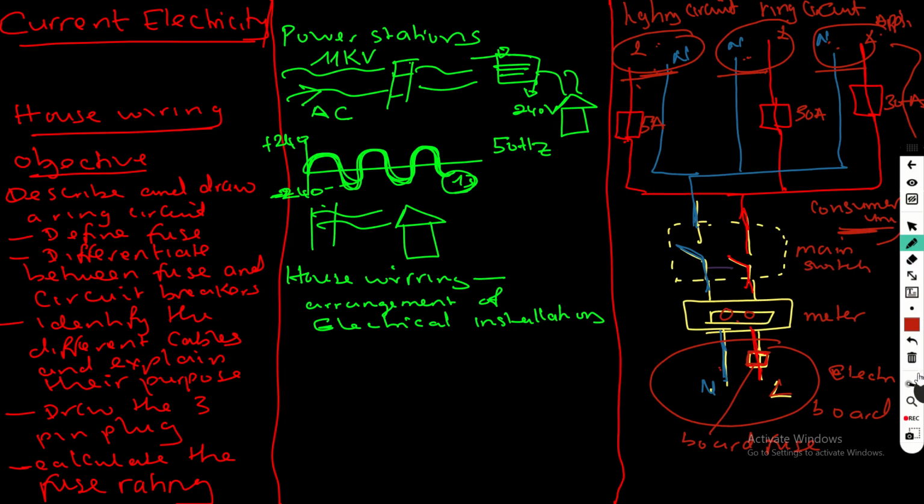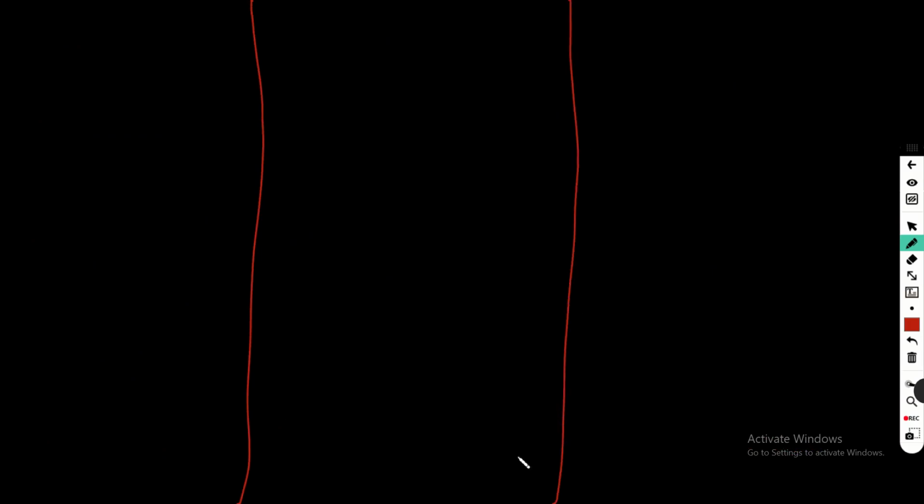Let's start with fuses. Fuses are a safety device, with a shape like this. It is a safety device which melts and breaks off a circuit when a current more than normal comes into it.